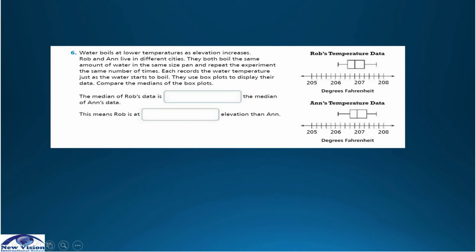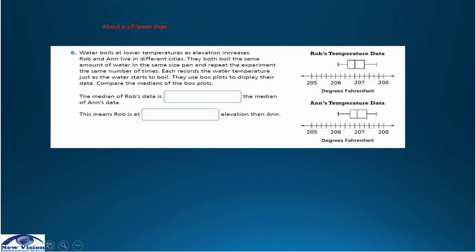These are Rob's temperature and Anna's temperature. So look at the box plot. The median of Rob's data is blank than the median of Anna's data. What can you conclude about its data? So the median for Rob versus the median of Anna's data.